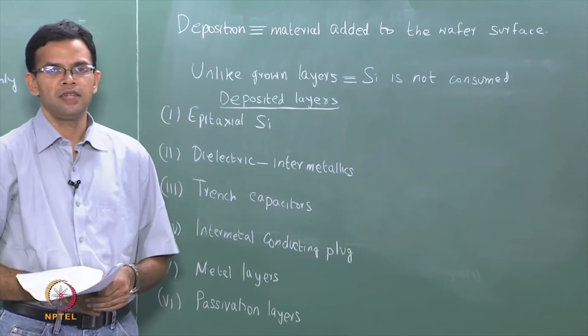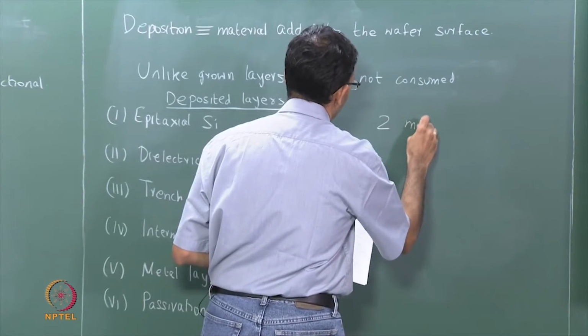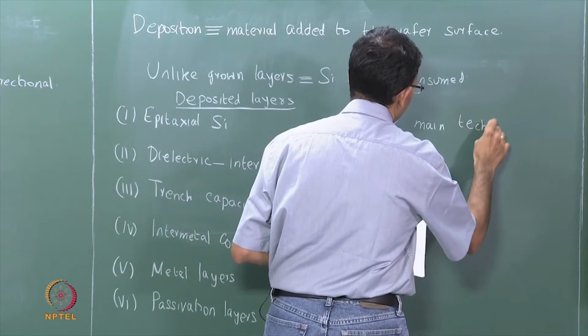So there are two main techniques for growing deposited layers. One is your physical vapor deposition technique, or PVD.